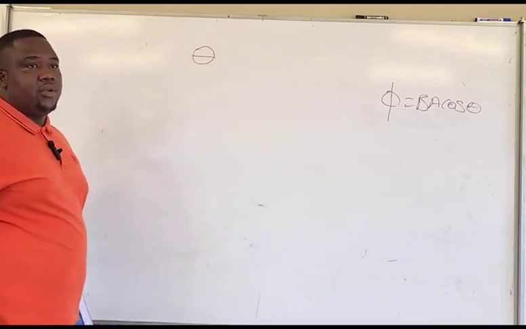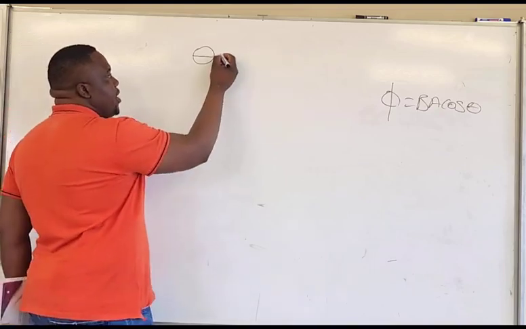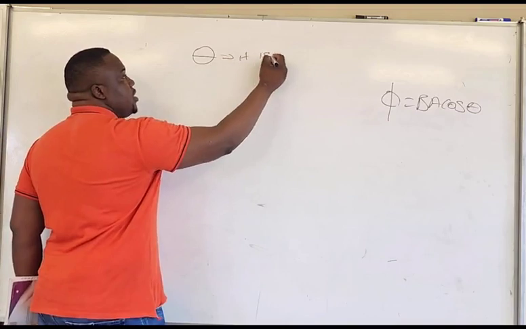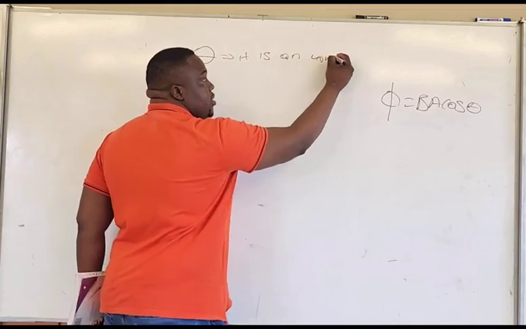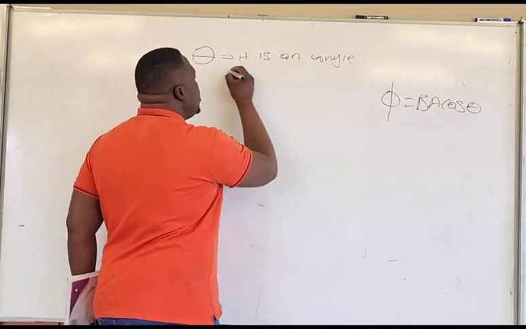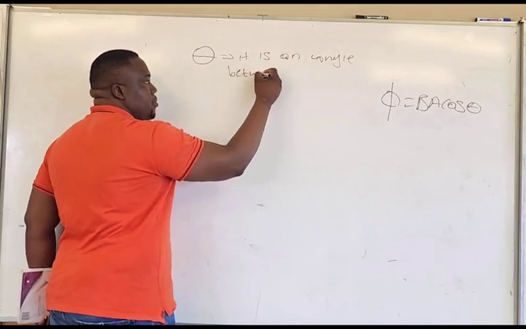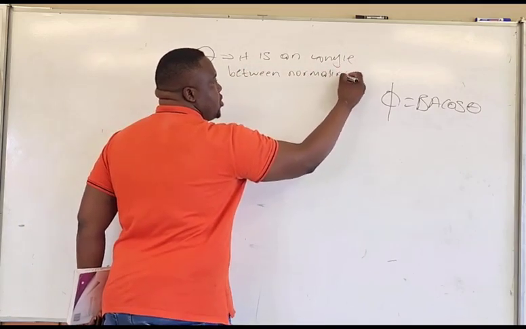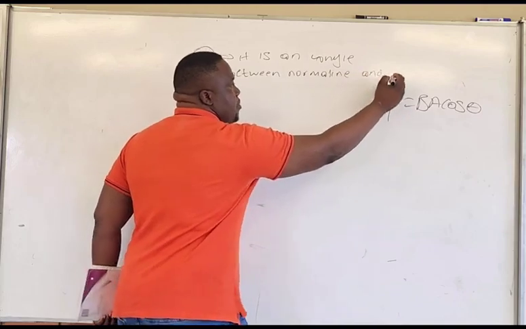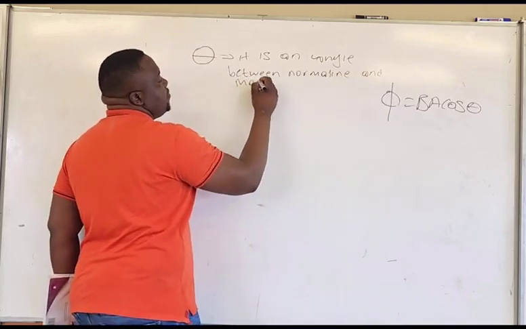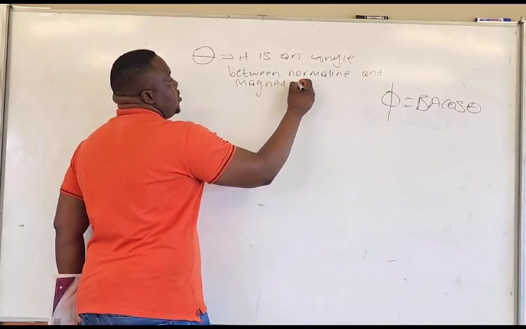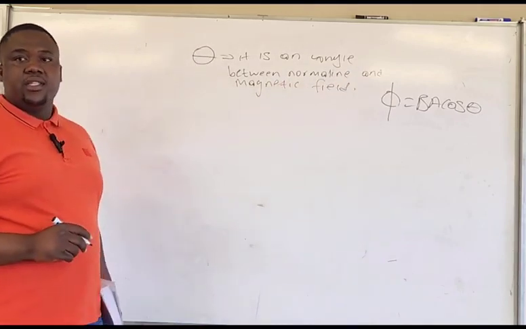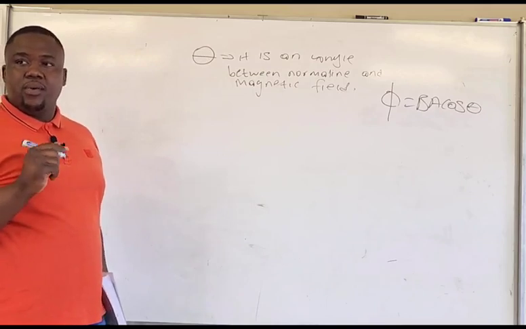Just to make you understand, theta is the angle between the normal line and the magnetic field lines.